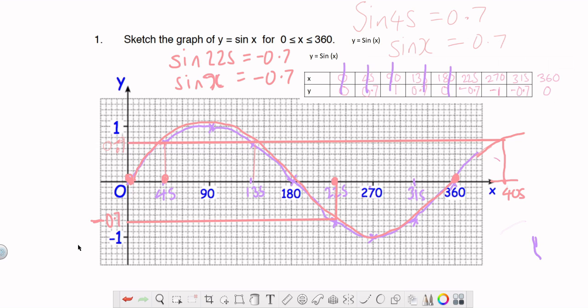If I get my straight line tool again, when I hit the graph, stop, go up. Not surprisingly, it's going to be 315. Sine 315.